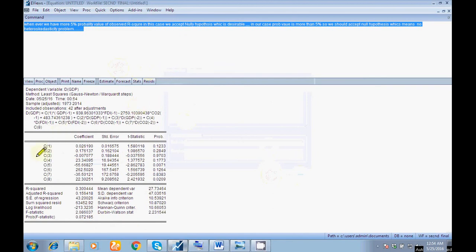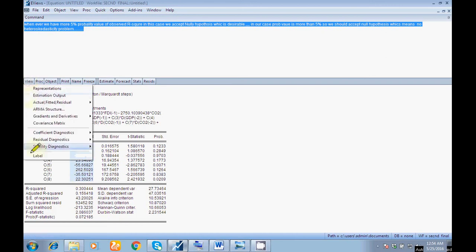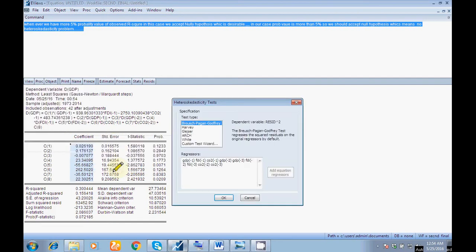Okay, you can see the values are the same, but why did I repeat this procedure? Because when I ran the VECM, I did not find the same option as in the simple regression. So now go to View, Residual Diagnostics. Wow, you can see here I found many options as compared to the VECM.